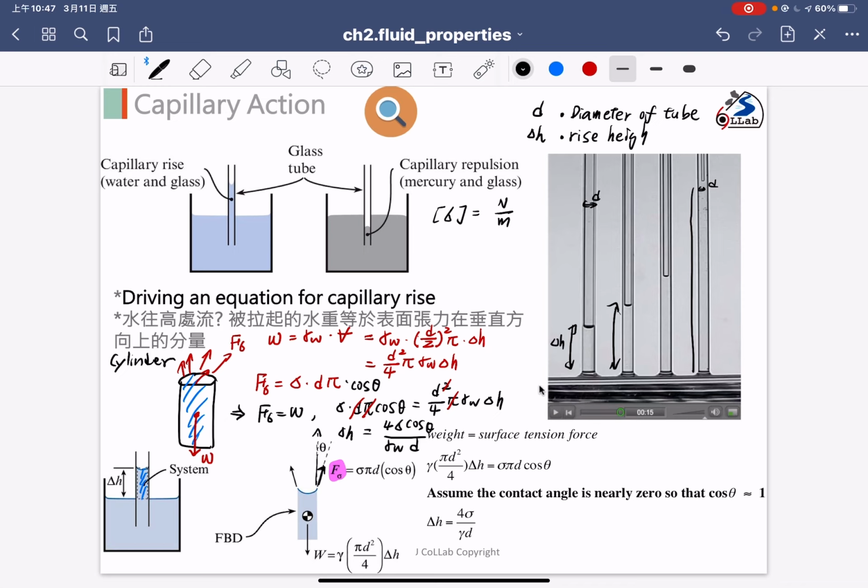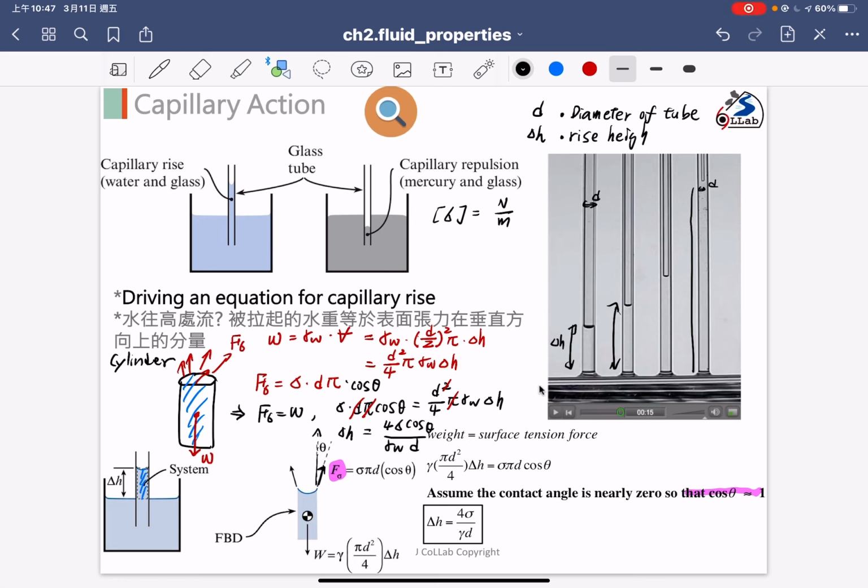Because the angle theta is quite small, cosine theta is about equal to 1. So in the final formula there is no cosine theta.